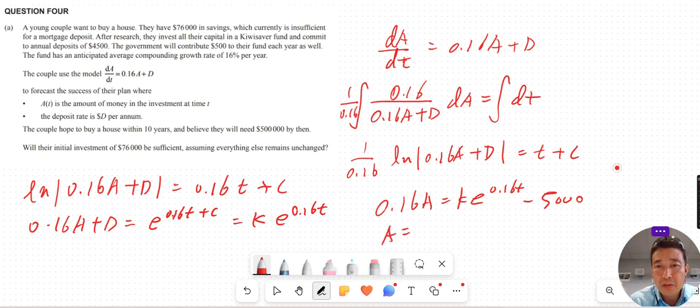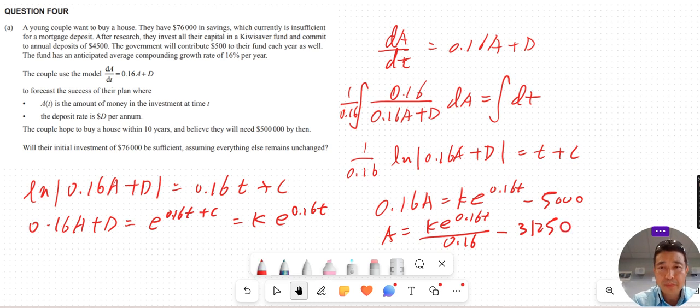Hence A equals k e to the power of 0.16t over 0.16 minus 5,000 divided by 0.16. I've got 31,250. Okay.